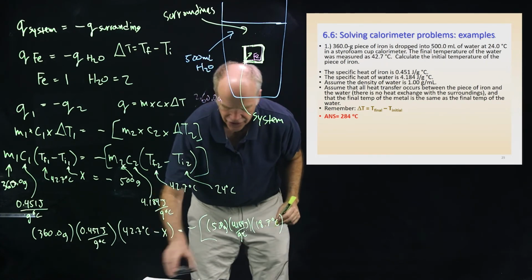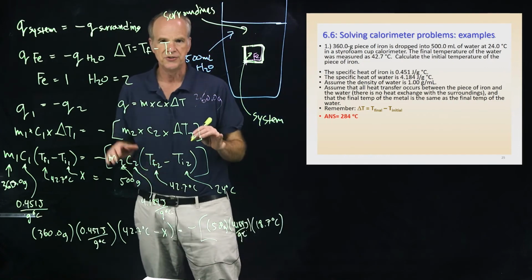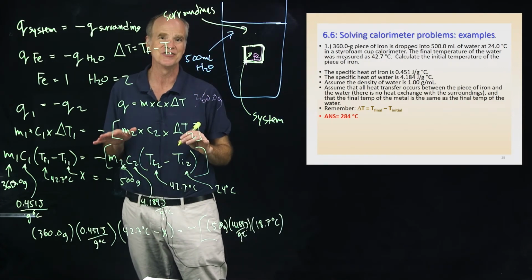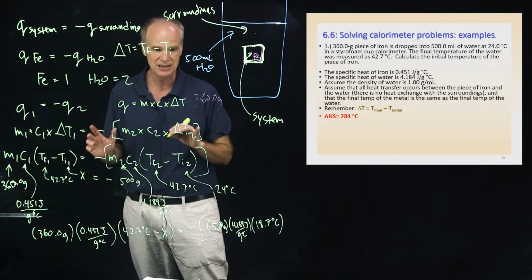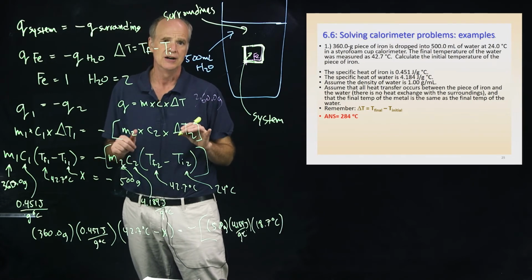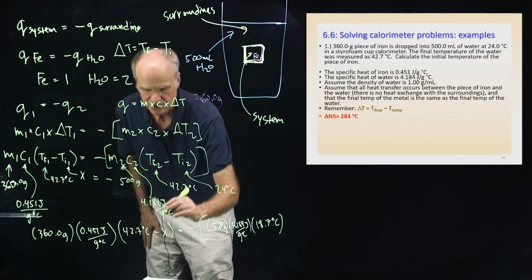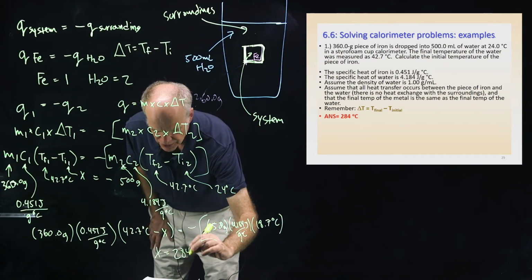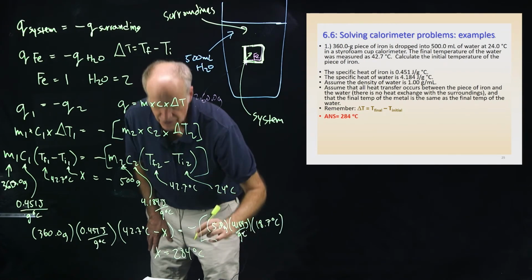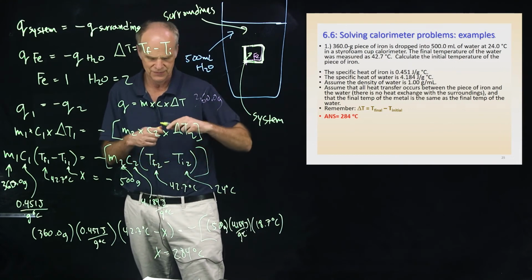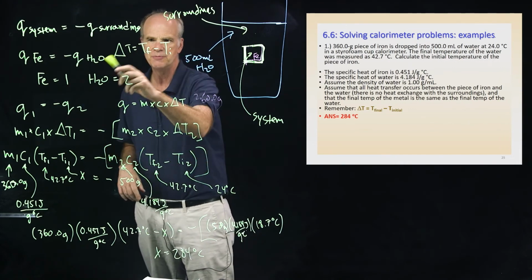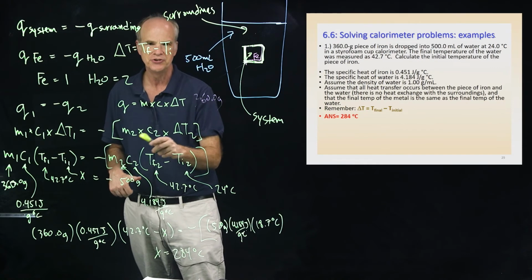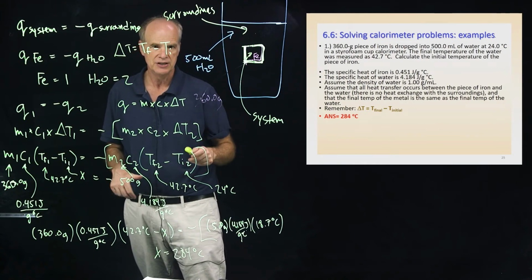Okay, so we could spend about another 10 minutes solving this equation, but I think in the end, if you're very careful and do all the math correctly, the x should turn out to be 284 degrees Celsius. So again, the main concern about this problem is just the basic setup and then substituting the numbers in the correct place.